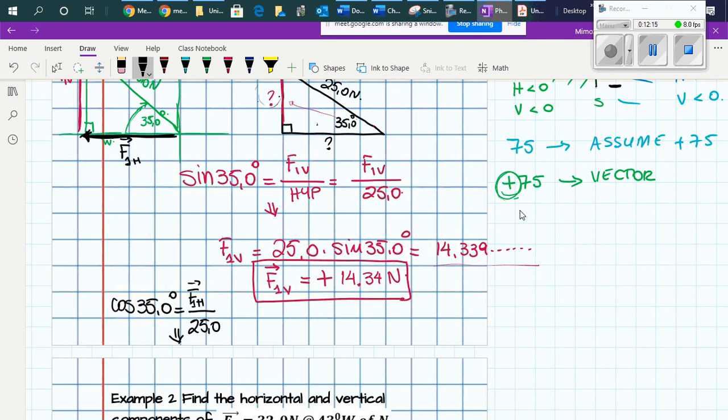So from here, we can find that the horizontal component of this vector will be equal to 25 times cosine 35. And again, make sure that the mode of your calculator is correct. And this will be, since we are dealing with going west, negative 20.48 newtons.